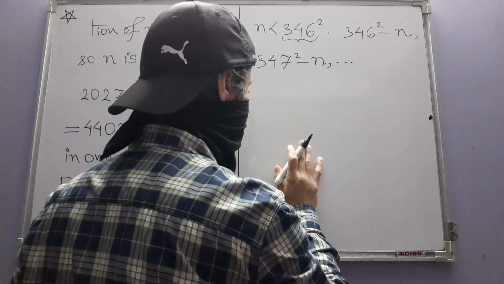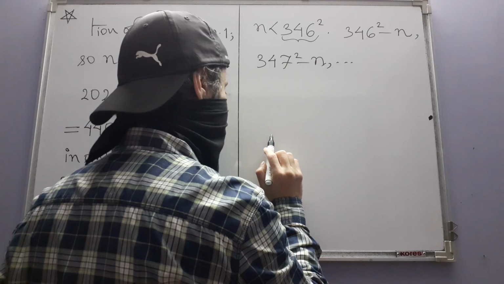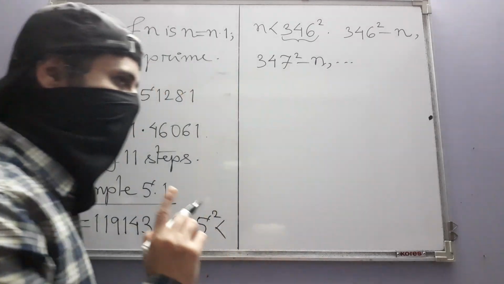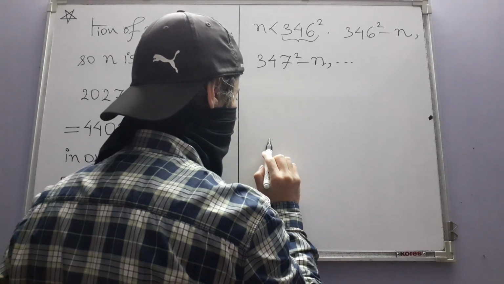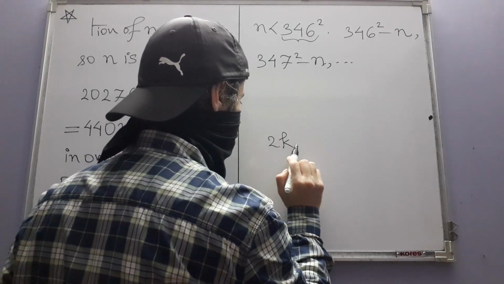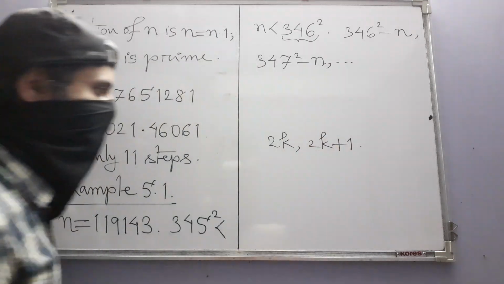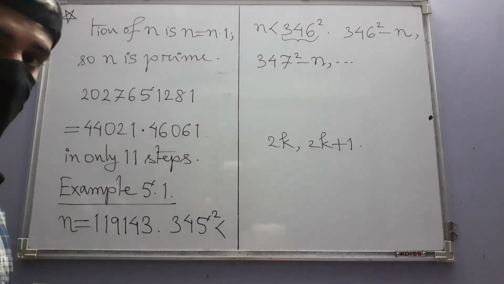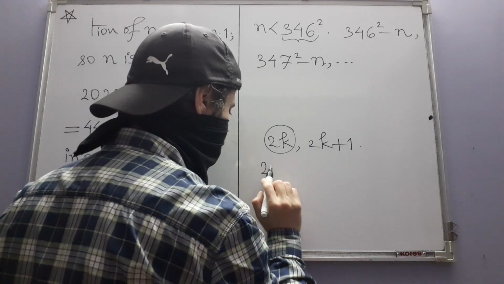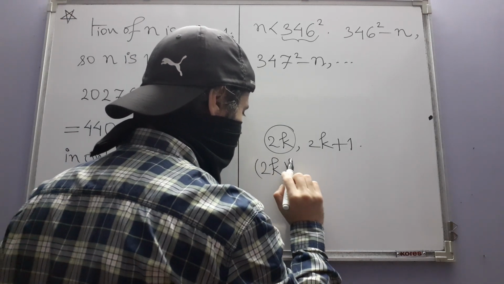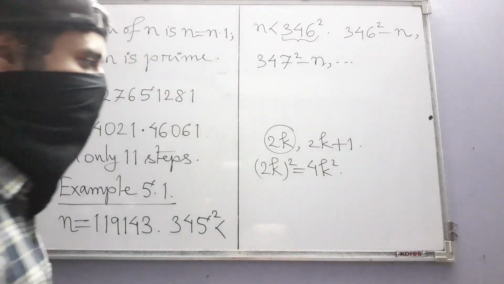There, we came across this: every integer is either even or odd. So every number is of the form 2k or 2k plus 1. Now when you square an even number, you get 4k square.